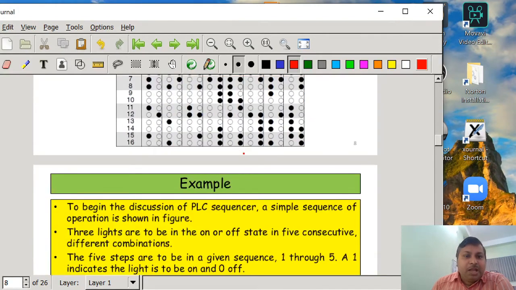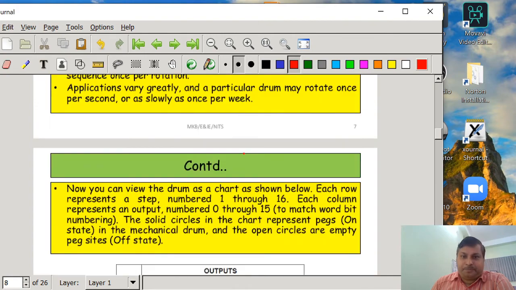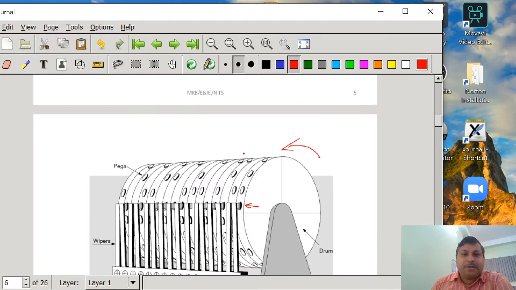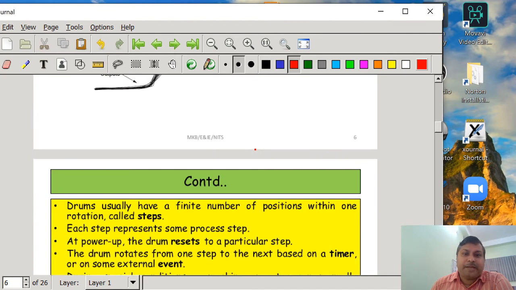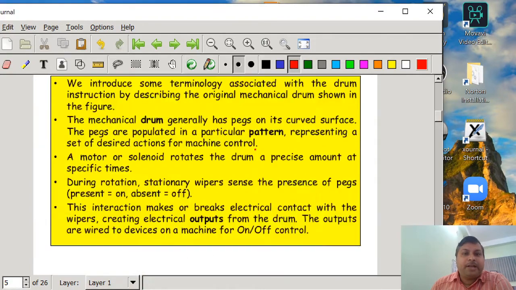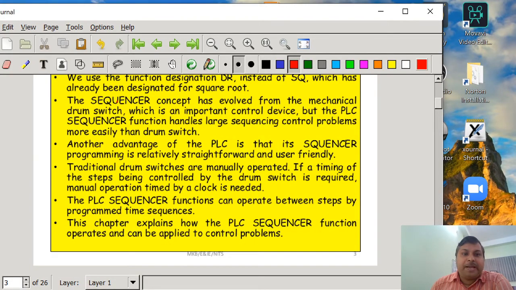Fine. Now suppose we want to perform this drum sequencer operation using the PLC sequencer function, not with these electromechanical devices, because I have already mentioned at the beginning the disadvantages of the mechanical drum switch. Once again, traditional drum switches are manually operated.